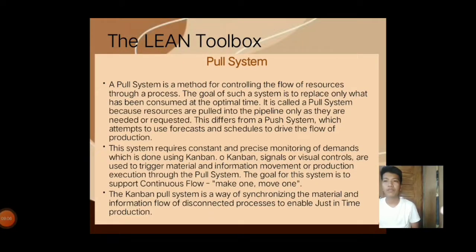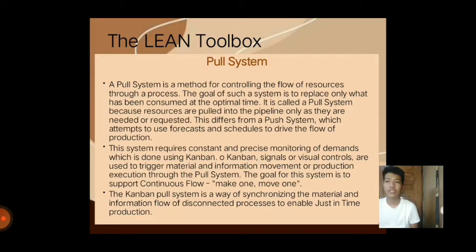A pull system is a method for controlling the flow of resources to produce goods. Such a system replaces only what has been consumed at the optimal time. It is called a pull system because resources are pulled into the pipeline only as they are needed. It differs from a push system, which attempts to use forecasts and schedules to drive the flow of production.